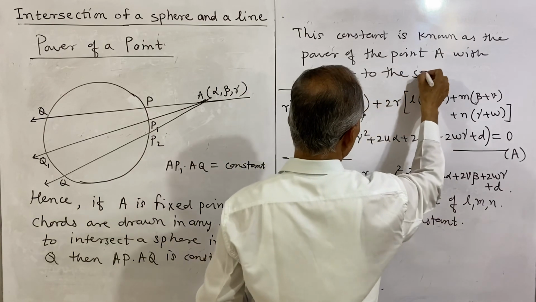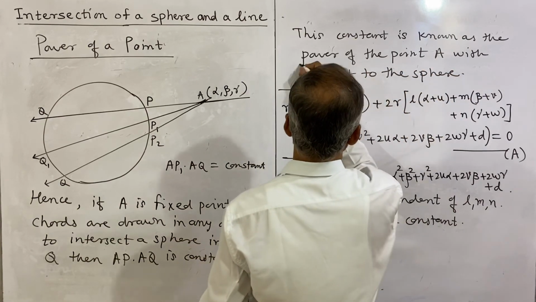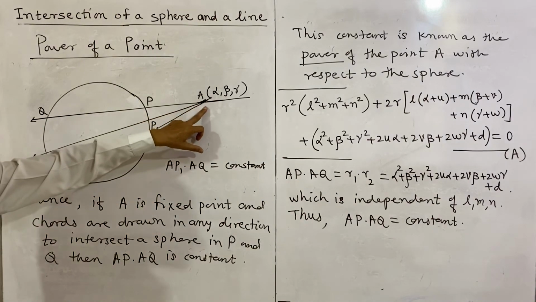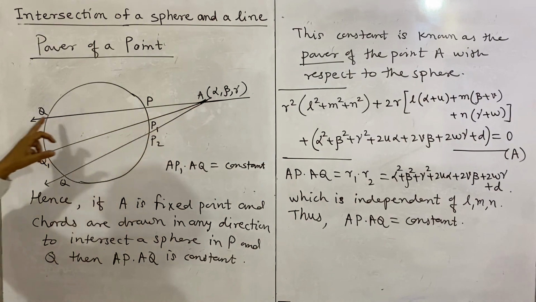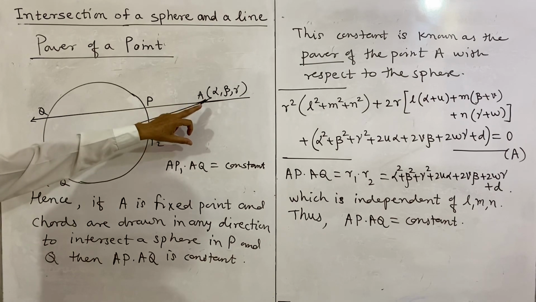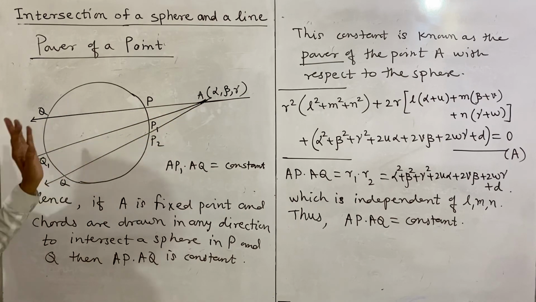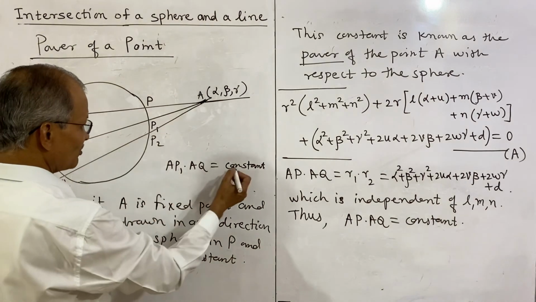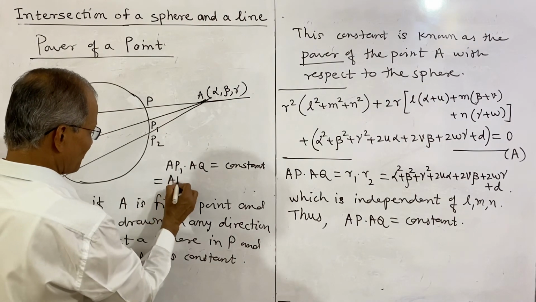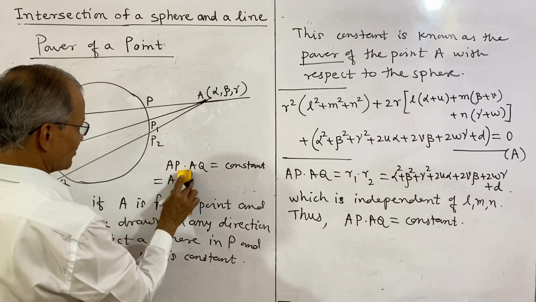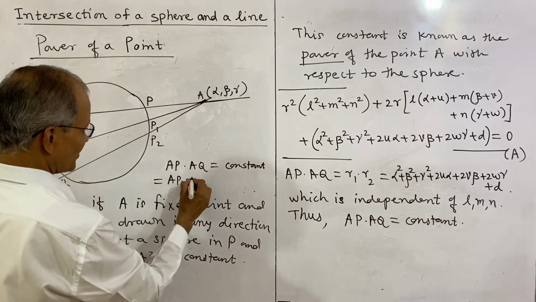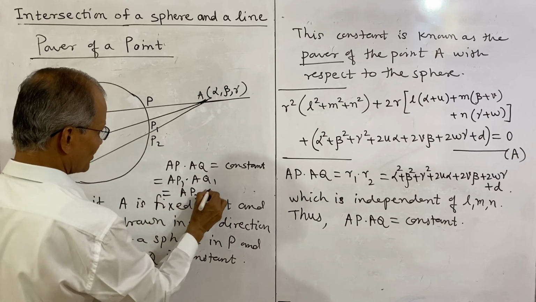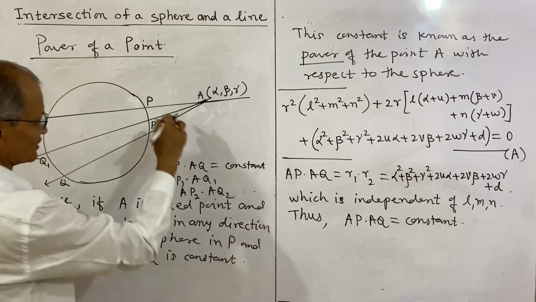So this is the meaning of the power of a point A. If you draw any chord or line intersecting the sphere in 2 points, then AP into AQ remains constant, equal to AP1 into AQ1, and also equal to AP2 into AQ2.